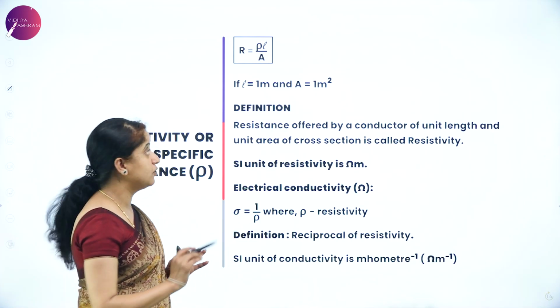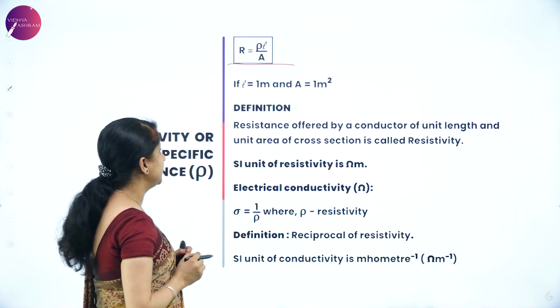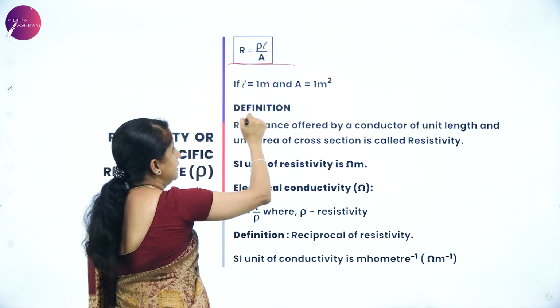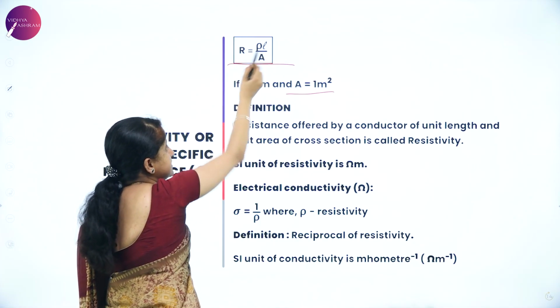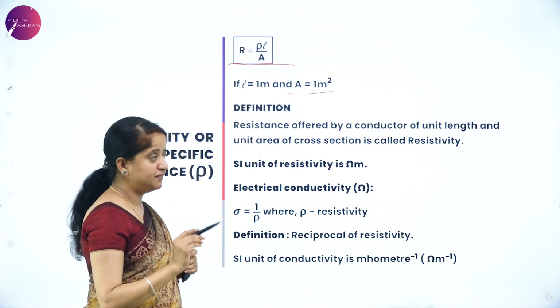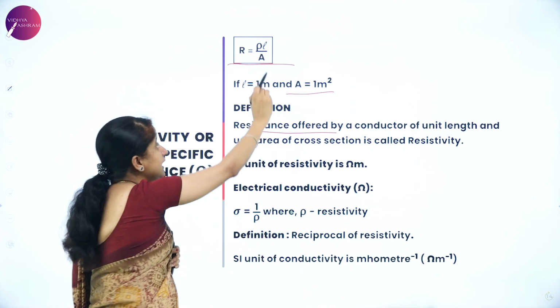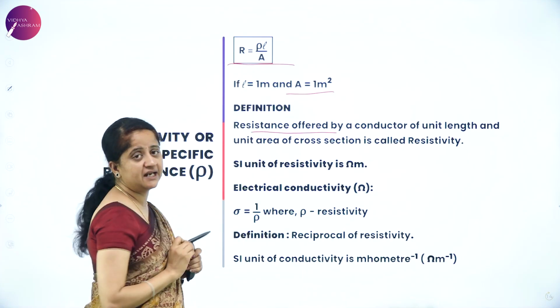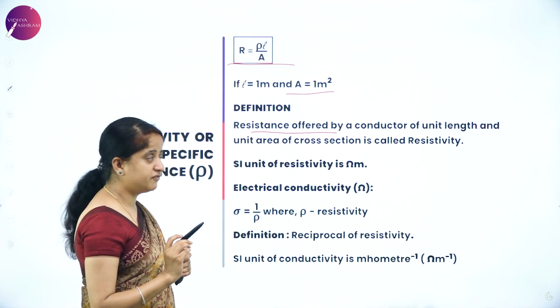Now, let us define resistivity. We know resistance is equal to rho L divided by A. When L is equal to 1 meter and A is equal to 1 meter square, then R is equal to rho, which means the resistance offered by a conductor of unit length and unit cross-sectional area is nothing but resistivity. What is the SI unit of resistivity?